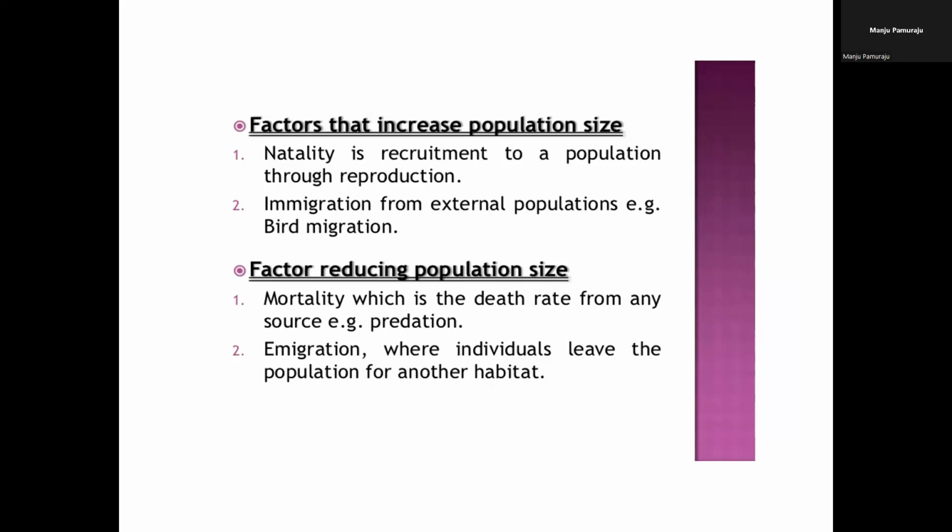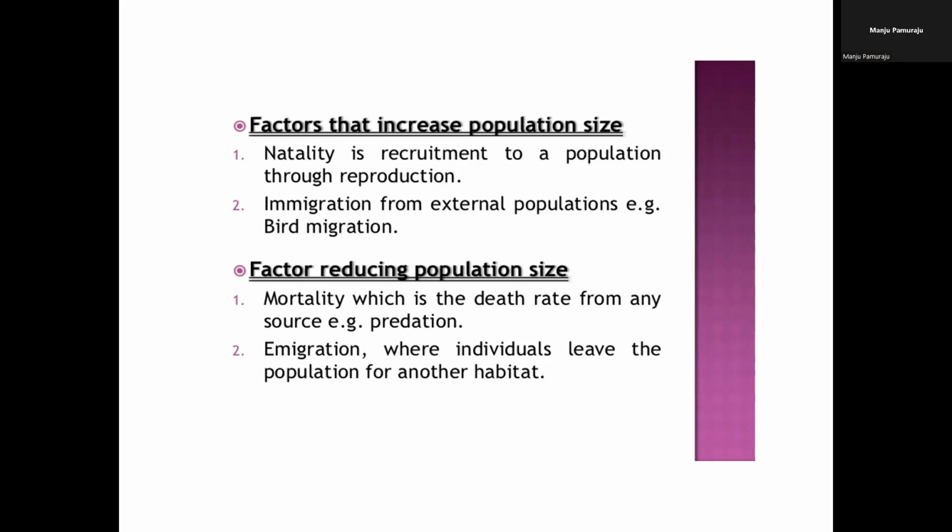Emigration is where individuals leave the population for another habitat. That is, organisms moving from the particular area to another area, due to which the size of the population decreases. Population size is the number of organisms present in a particular area.